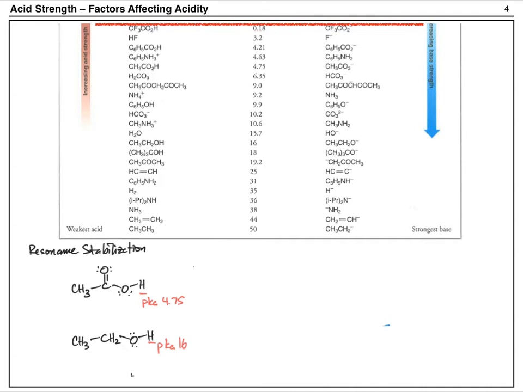So what does this really mean? This is 10 to the 11th times more acidic due to the log scale. So again, each single pKa unit is an order of magnitude. So it's important to remember that. So the 16 and 5 difference is 10 to the 11th in terms of the magnitude difference of acidity.